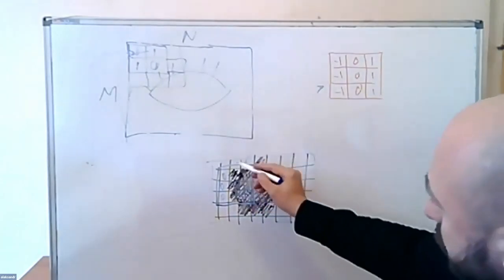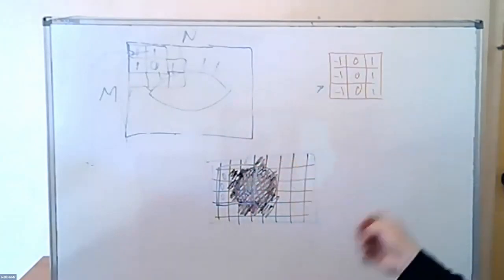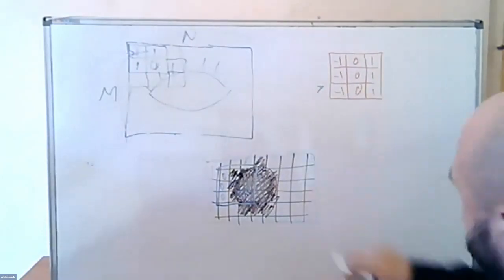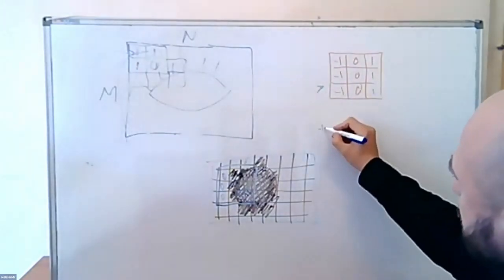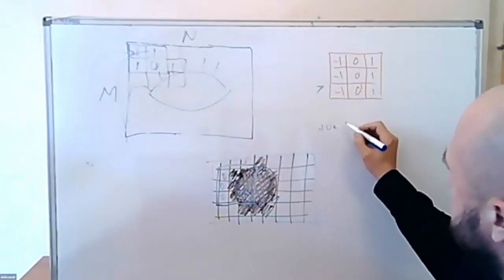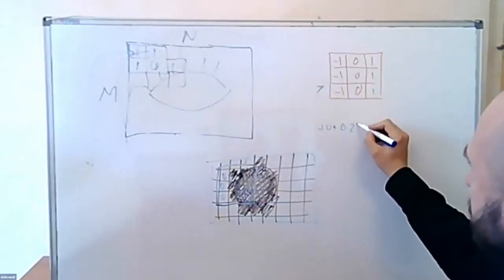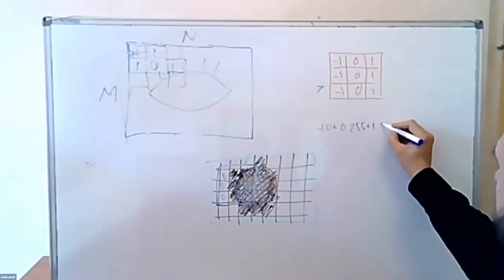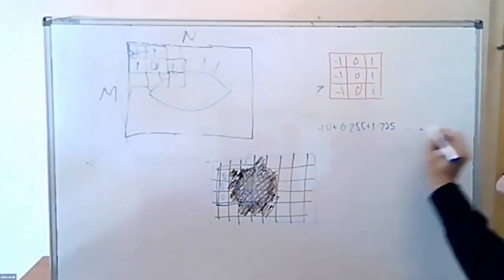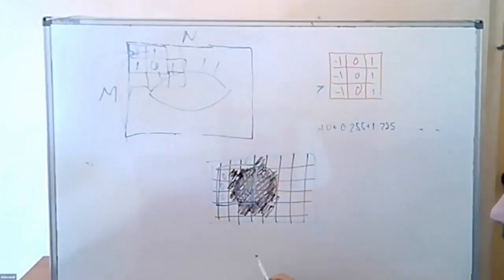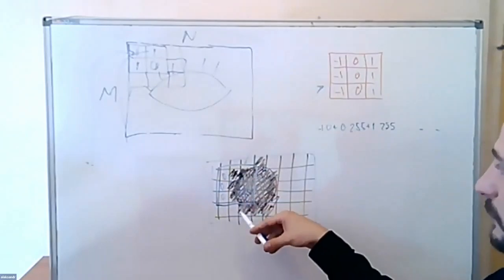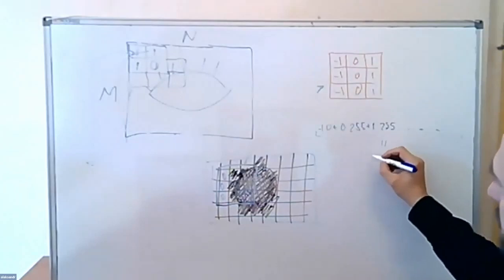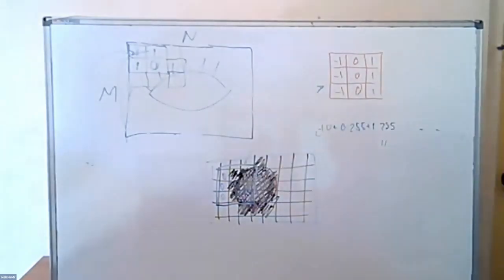So the output value for this pixel will be something like -1 times 0 plus 0 times 255 plus 1 times 255, taking all the pixels here, like 9 items in this sequence, and get the result value for some pixel in the future.